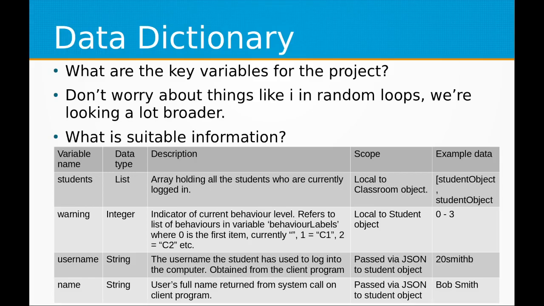This isn't looking for every single variable which you're using in a project. It's not looking for the i's and x's which you're using for things. This is at a broad level. This is the important things which you'll be referencing from various other places and such like.